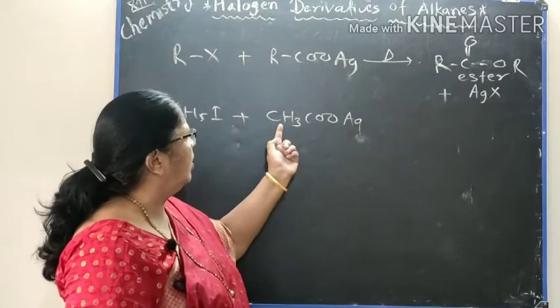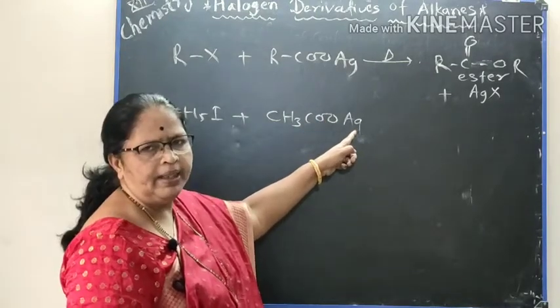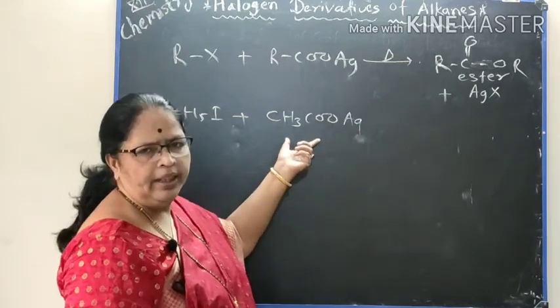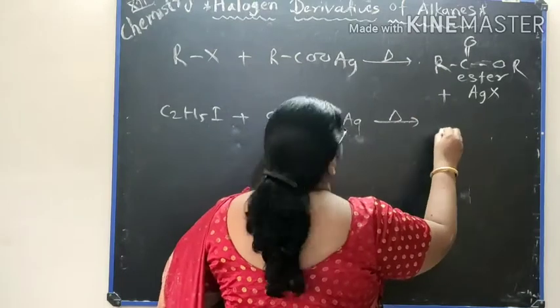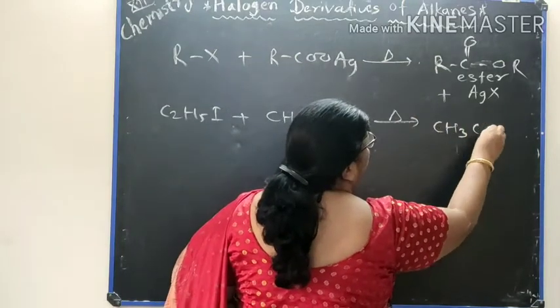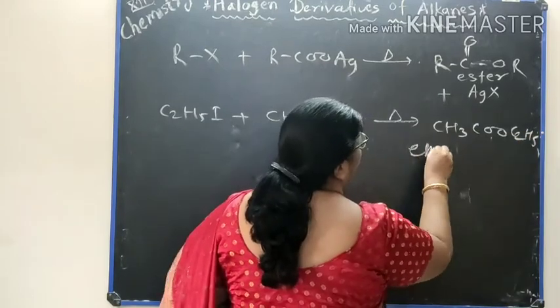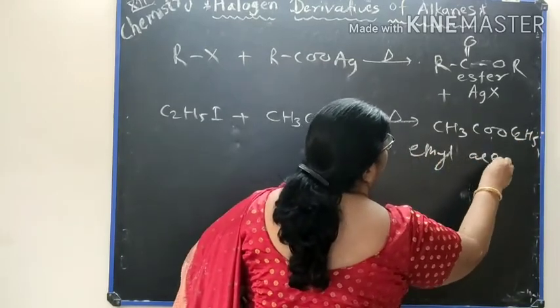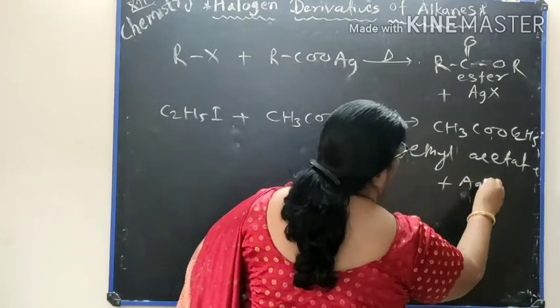Acetic acid has the molecular formula CH3COOH, and when H is replaced by the silver atom, it is called silver acetate. After heating it produces CH3COOC2H5, that is called ethyl acetate, with silver iodide.